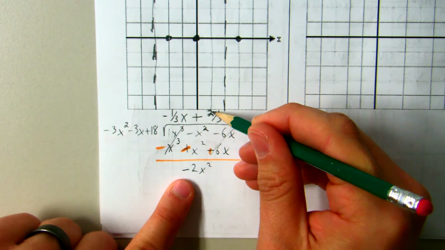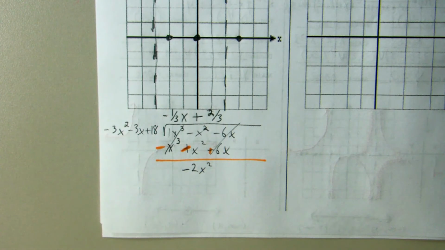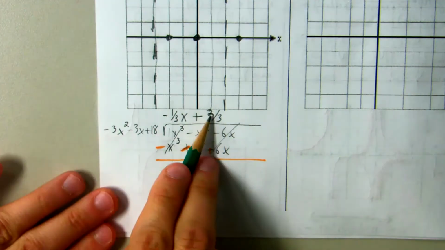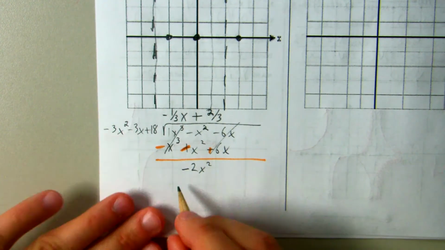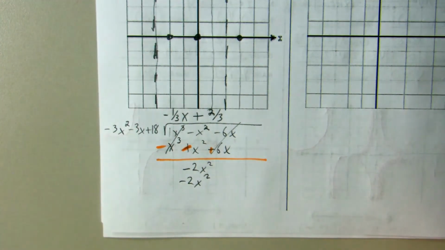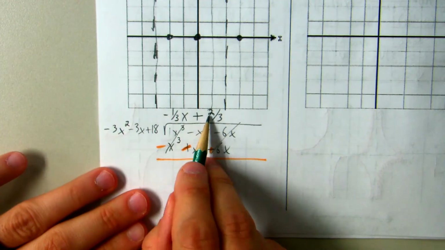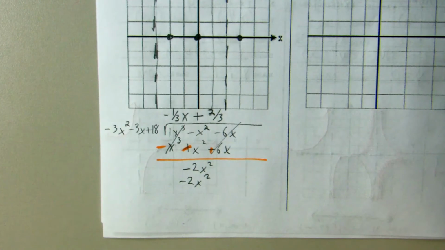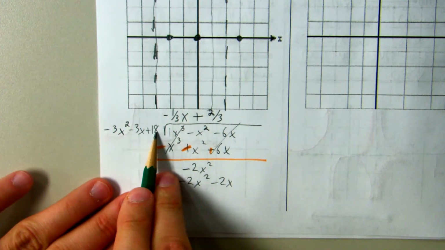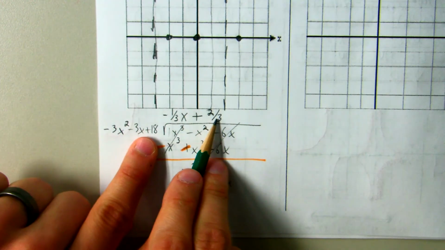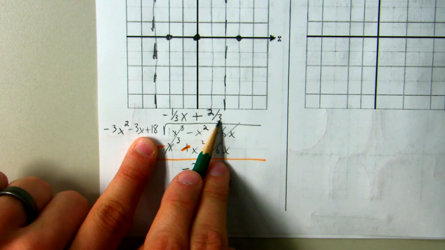Putting a 2 gives me the 2 that I want. So 2/3 times negative 3x squared would be negative 2x squared. So I'm choosing to put that there. And then this times this would be negative 2x. This times this would be, so it's like dividing by 3 and times it by 2. That's how I'm doing that so quickly.